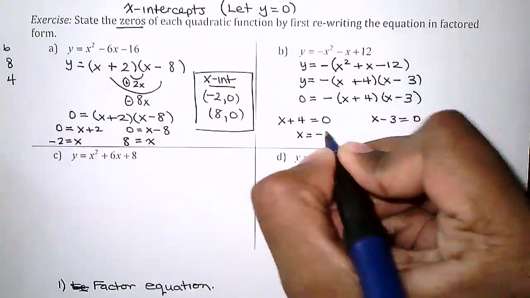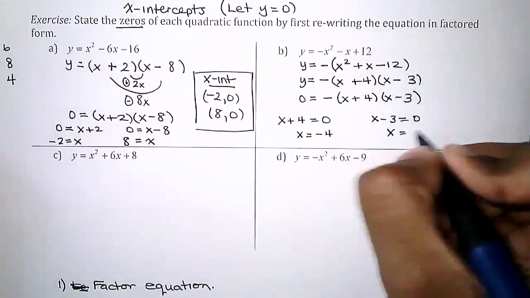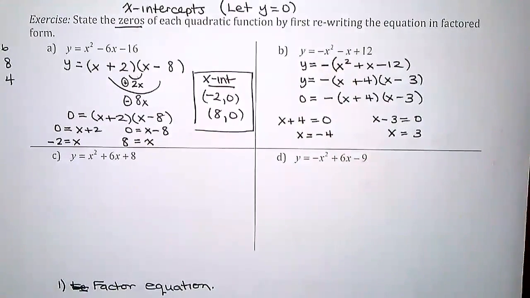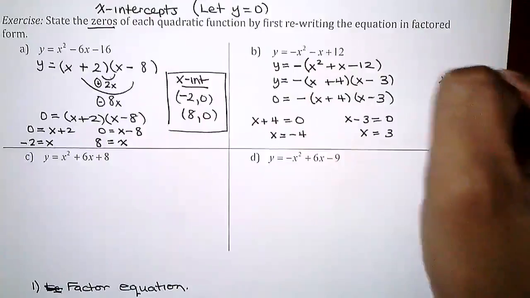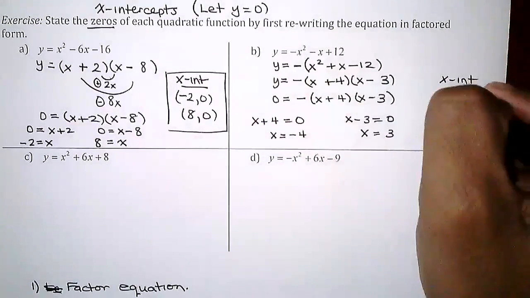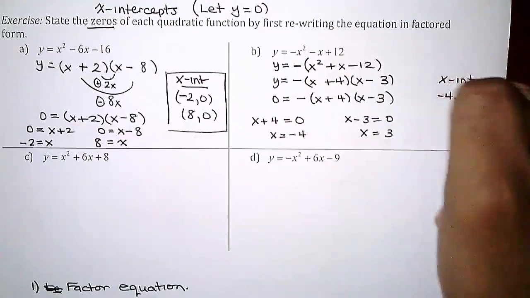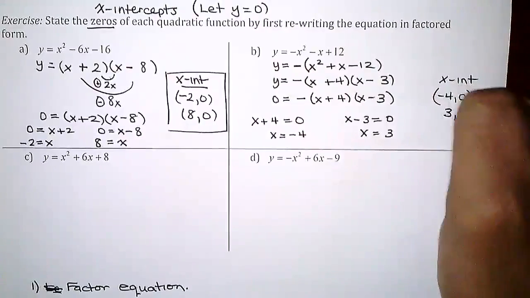So x is equal to -4, and x is equal to 3. Don't forget, you're not done. You've simply found the x values. You need to write the x-intercepts. So x-intercept is -4, 0, and 3, 0.